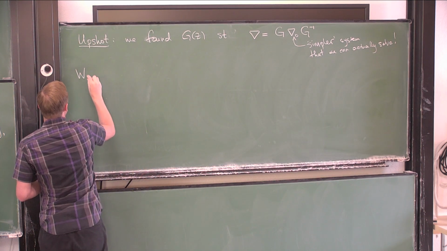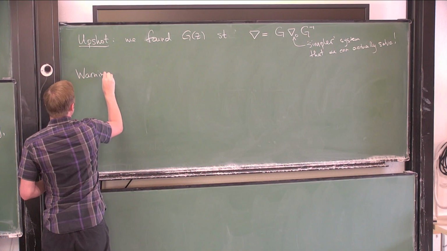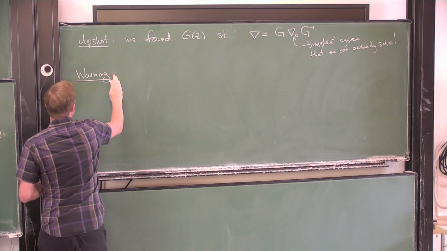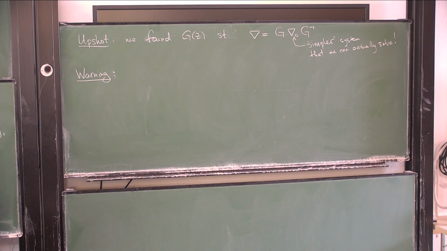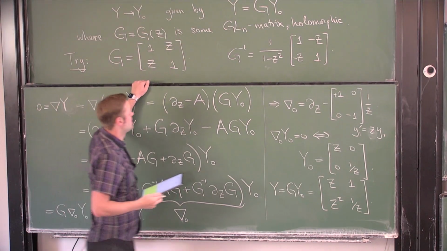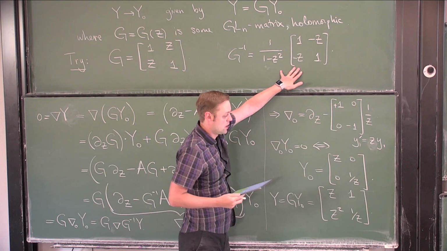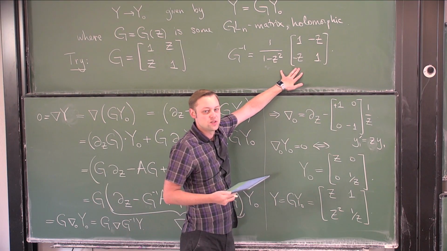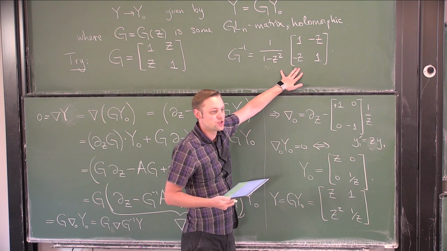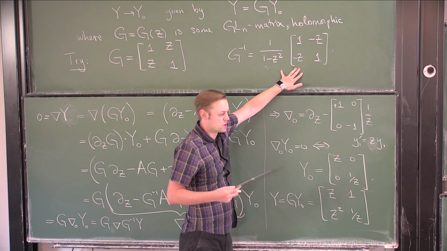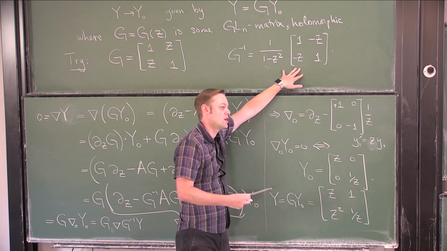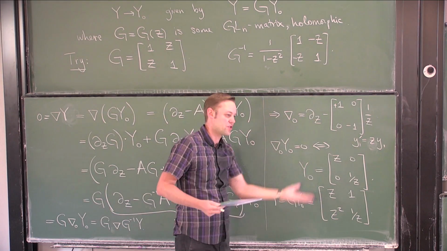So this comes immediately with a warning, which is basically evident from this formula. I keep insisting that this matrix G needs to be invertible because, of course, we're trying to get a holomorphic solution. It needs to be like we're trying to get a basis.